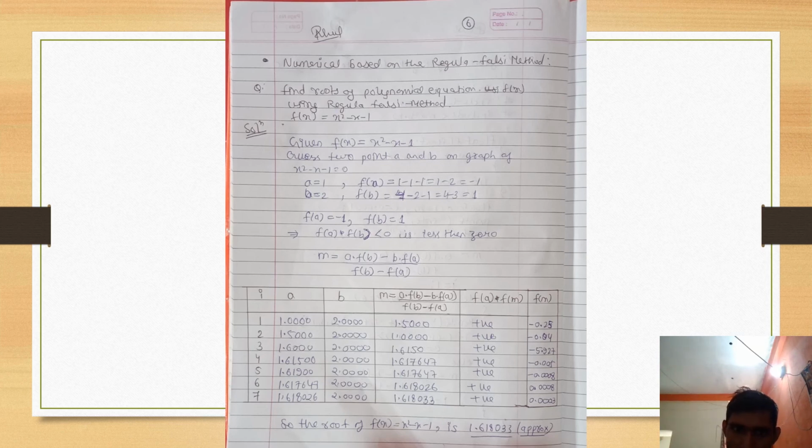So we put the value of m in the place of a. Similarly, in the second iteration, the product of f of a into f of m is again positive. So we change the value of a, then put the value of m.